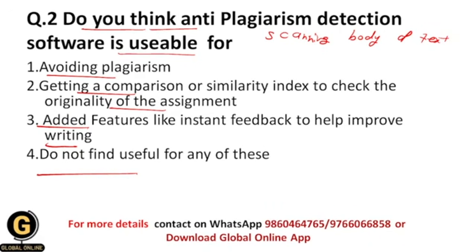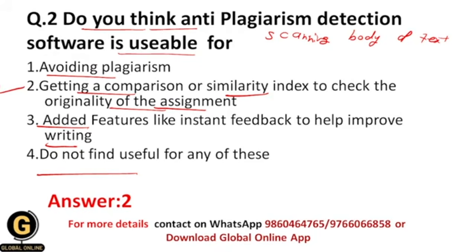Okay, and it uses different methods to break down text into smaller chunks and search for keywords, phrases, content matching or fragment matching, and accordingly the software detects whether there is plagiarism or not. Okay, and that's why this software is usable for getting a comparison or similarity index to check the originality of the assignment. And that's why your correct answer should be 2. Okay, and for this kind of purpose basically we use the anti-plagiarism detection software.